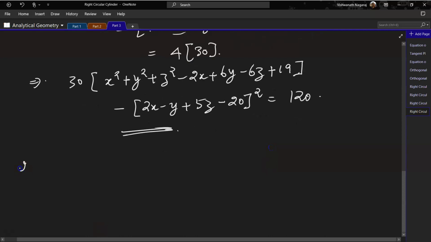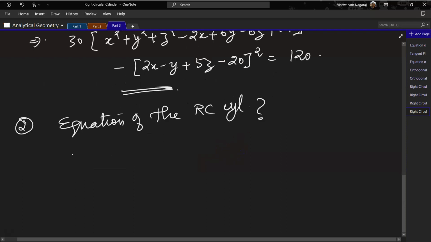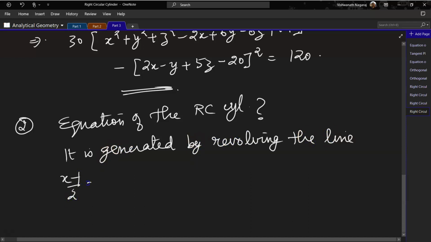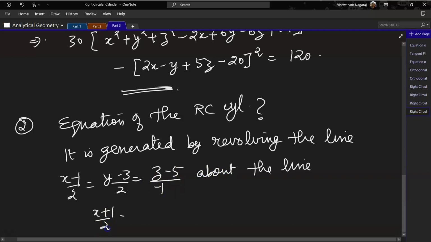Okay, let's do the second one. Here again we have to find the equation of the right circular cylinder, given that it is generated by revolving the line (x minus 1)/2 = (y minus 3)/2 = (z minus 5)/(minus 1) about the line (x plus 1)/2 = (y plus 3)/2 = (z plus 5)/(minus 1).